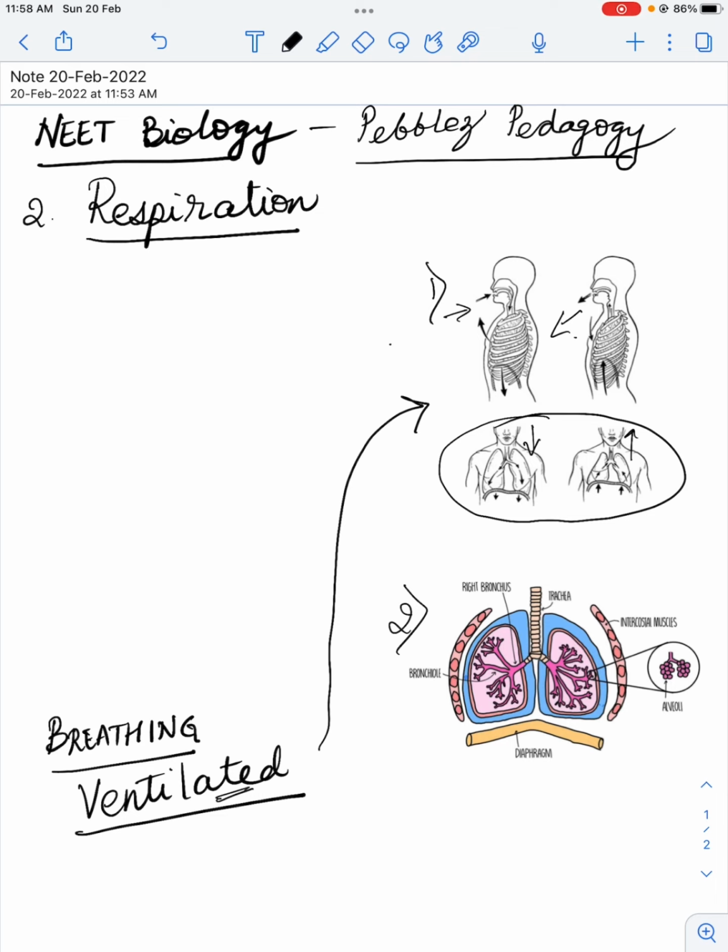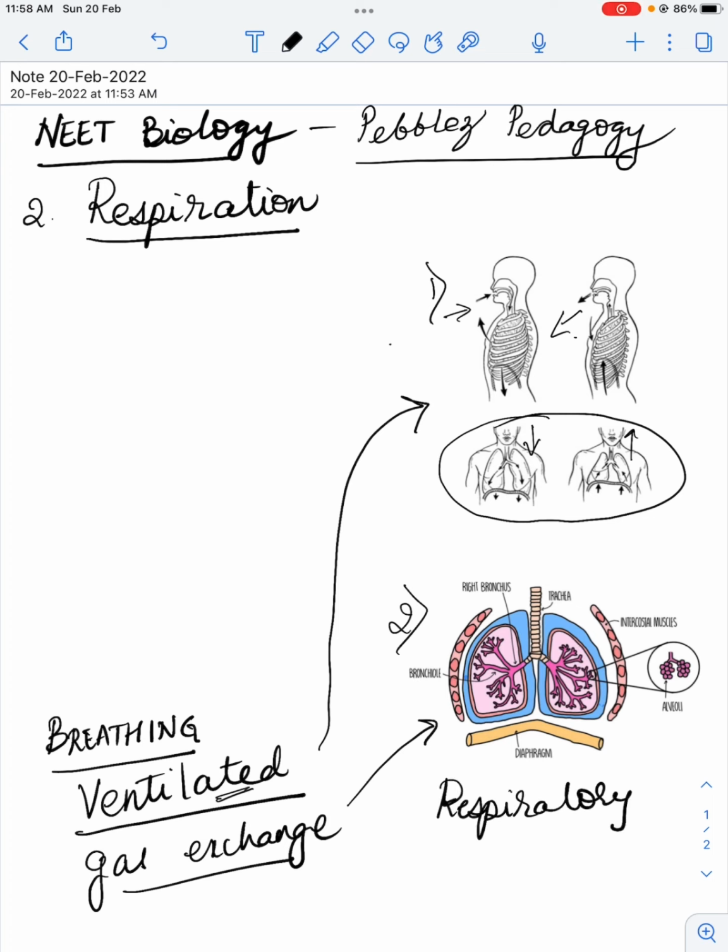I would like to introduce one more terminology here, which is gas exchange. This is a diagram of a lung or a respiratory system, with all the parts labeled appropriately. You have the trachea, bronchus, bronchiole, diaphragm, alveoli. Now let us focus on this aspect of the respiratory system.